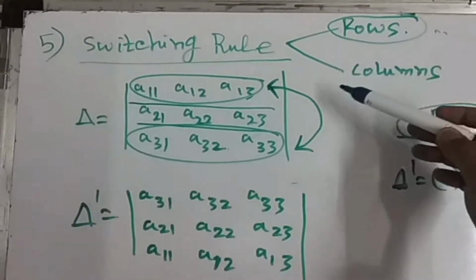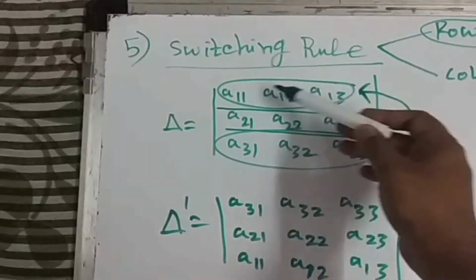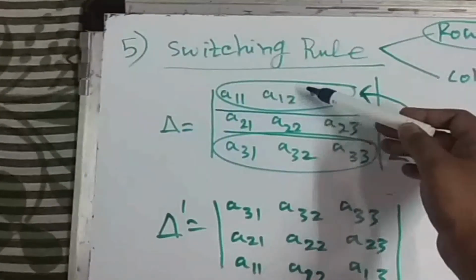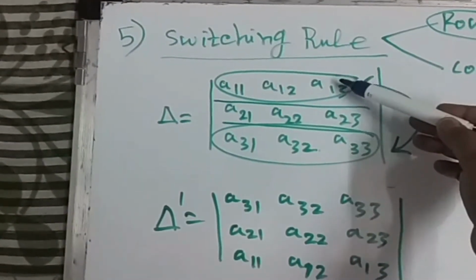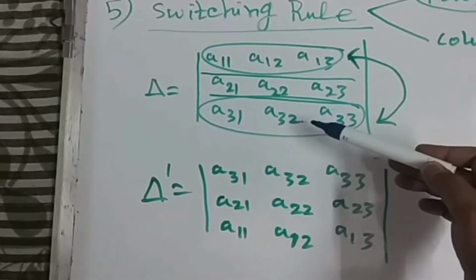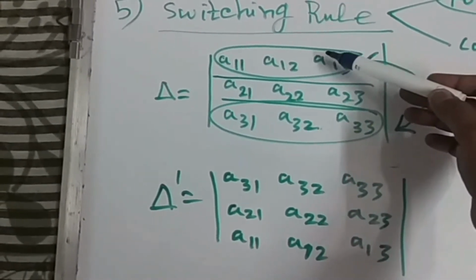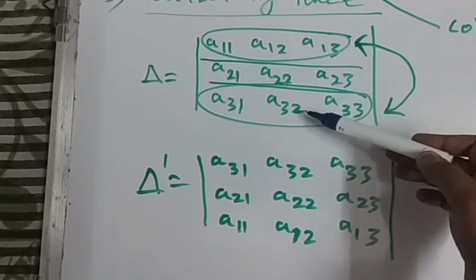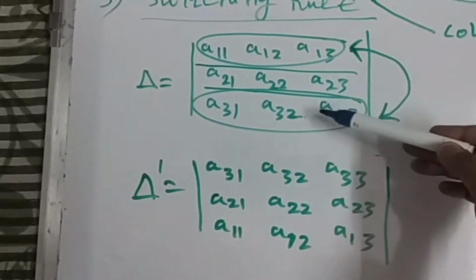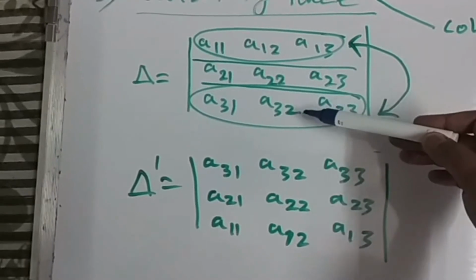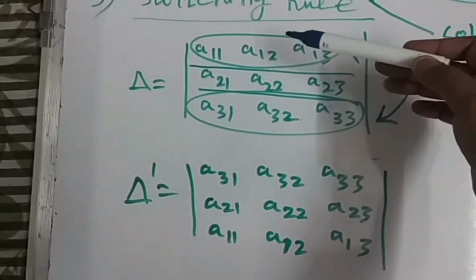For example, for a 3 into 3 determinant, first row is jumping over second row, and if it is coming in the place of third row, and another, third row is jumping over second row, and if it is coming in the place of first row, then what is happening?